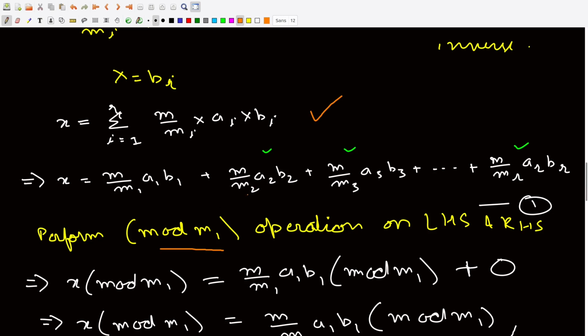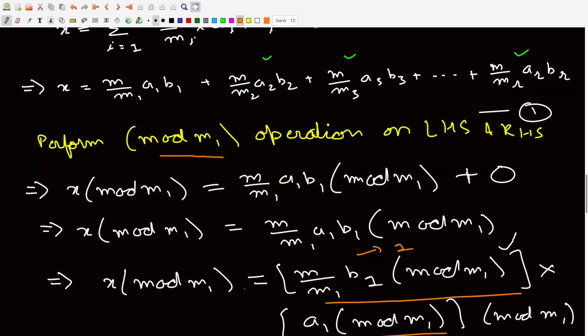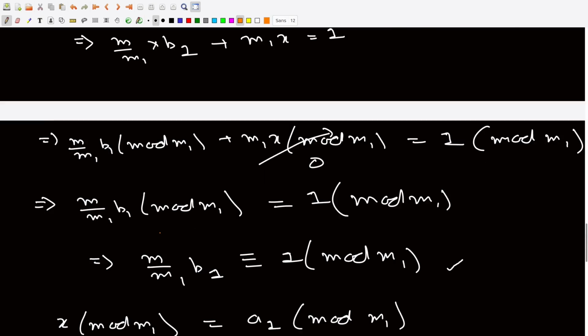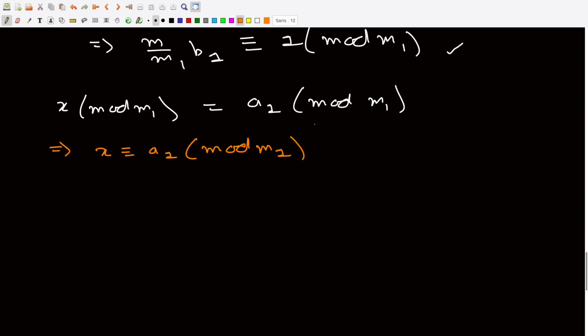Similarly, if you perform the modulo m2 operation, all the terms except (m over m2) a2 b2 will evaluate to 0, and with a similar substitution we come to the conclusion that x is congruent to a2 mod m2.